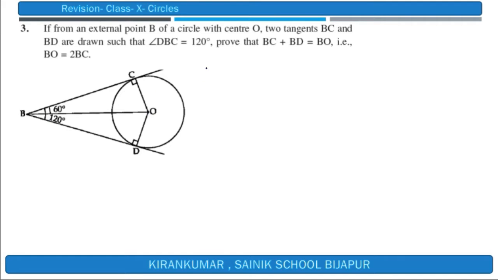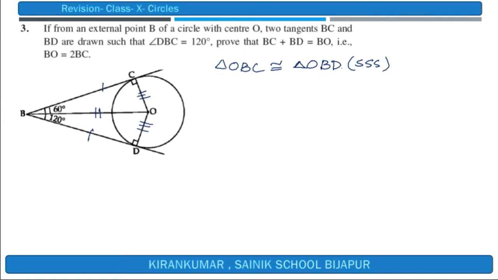For that, I would like to write the reason. I will just mention triangle OBC is congruent to triangle OBD. The reason is by SSS criteria, or you can write SAS also. In this case, I am taking the three sides. These are the equal sides of both the triangles.